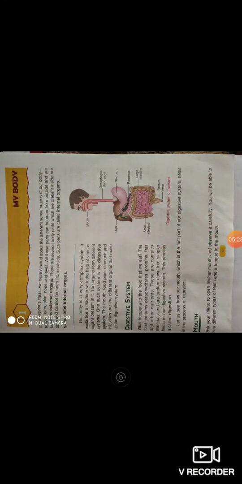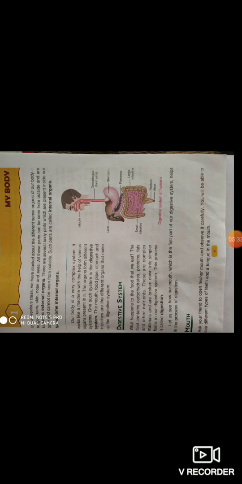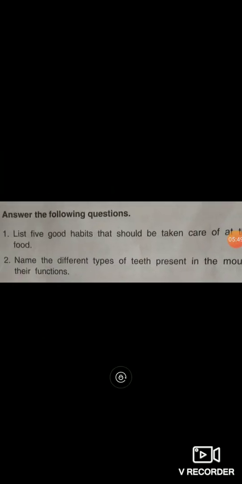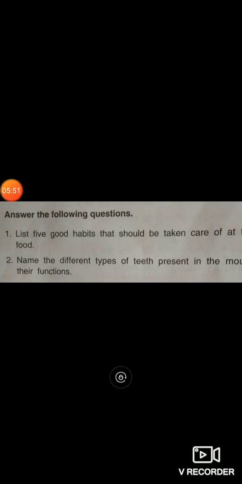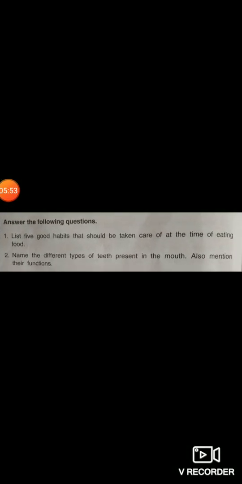So this is the question E12 of chapter My Body, and this is your book. So I hope you have done questions A, B, C and D. Okay, now I have started question E, and this is the question which you will do in your homework. Write down the questions.